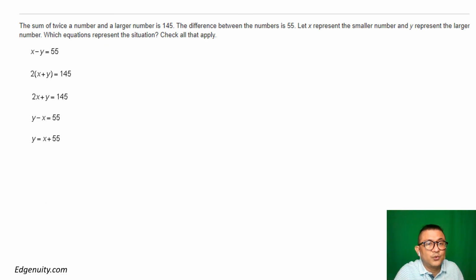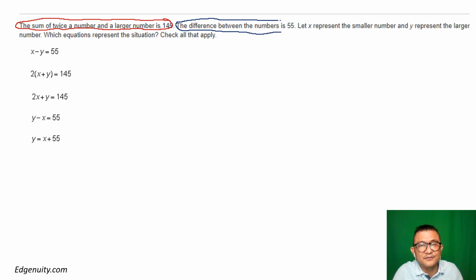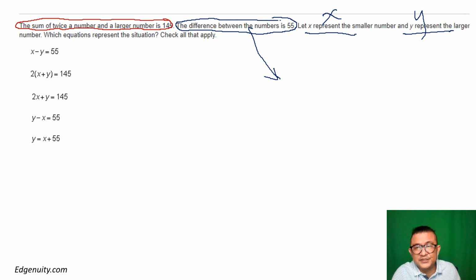The sum of twice a number and the larger number is 145. Equation 1. Okay, let's make an equation 2. The difference between the numbers is 55. Okay, again, x is the smaller number, y is the larger number. Let's focus on this first. The difference between the numbers is 55.